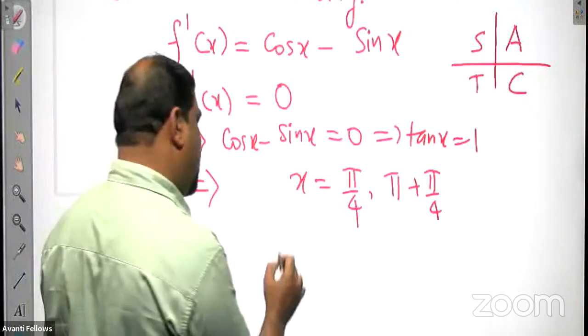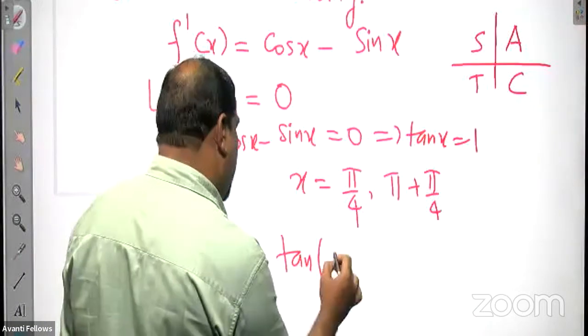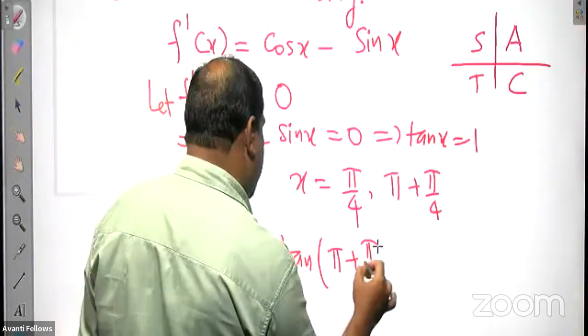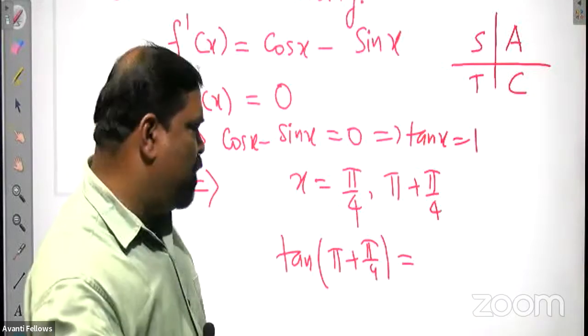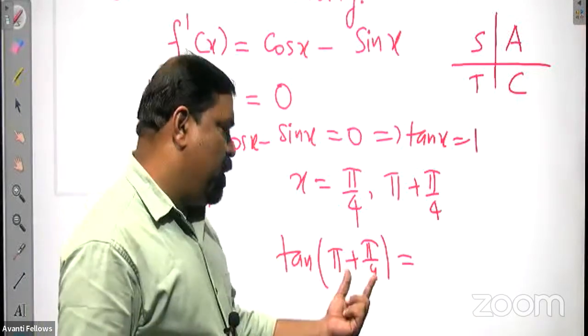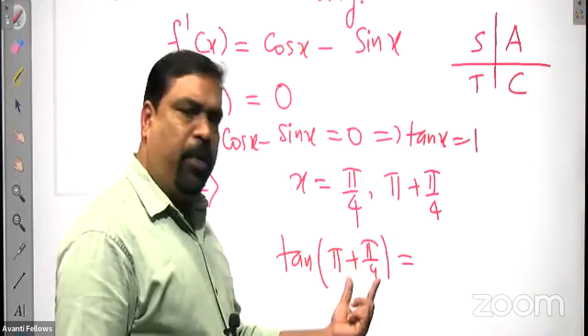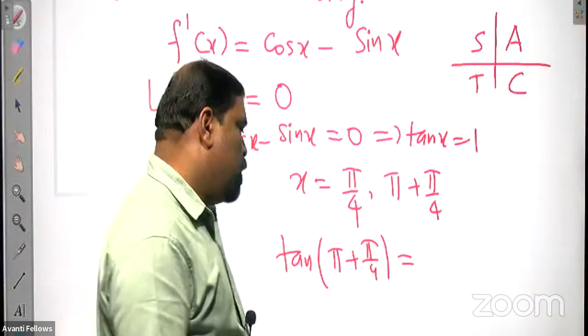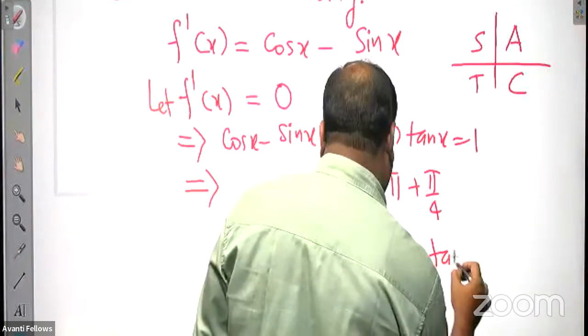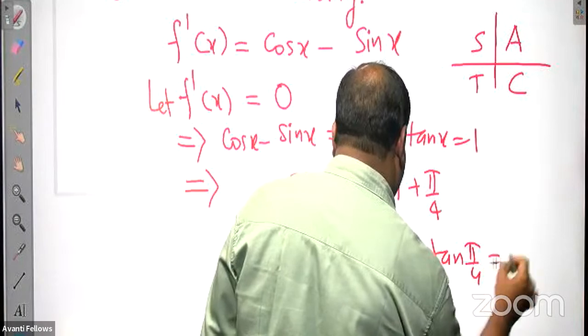Basic trigonometry only, I am not explaining all these things. If you take tan of pi plus pi by 4, in the third quadrant tan is positive, so you will get tan pi by 4 only, which is 1.